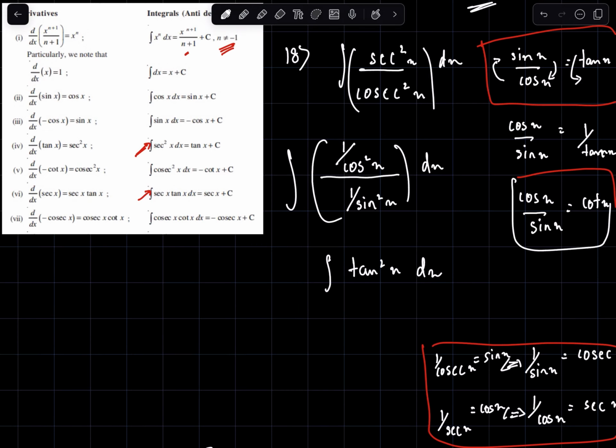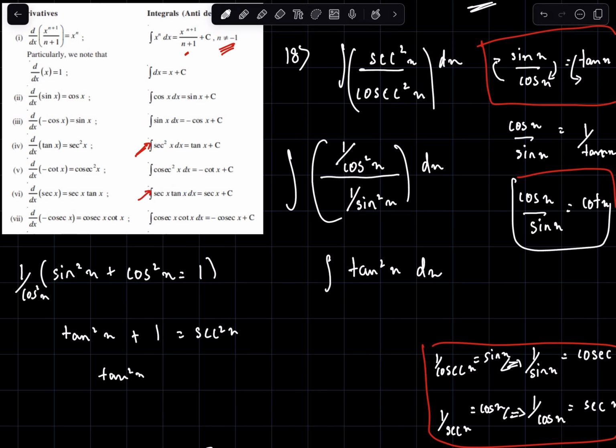Let's figure it out. Sine square x plus cos square x is equal to 1. Now if I want tan, I have to divide the whole equation by cos square x. So sine square divided by cos square is tan square x, plus cos square divided by cos square is 1, and 1 divided by cos square is secant square.